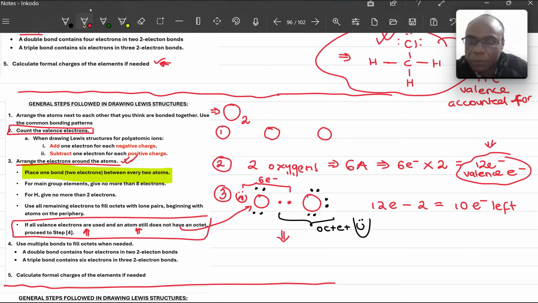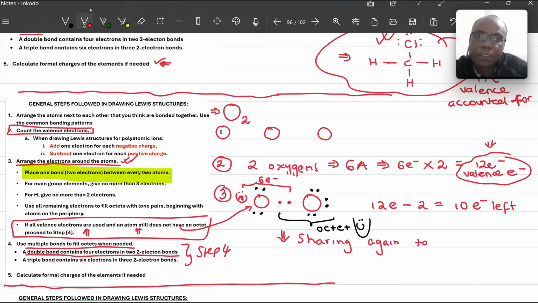What is step 4? Step 4 tells us to use multiple bonds to fill octets. A double bond contains 4 electrons in 2 two-electron bonds, and that's what you're going to go for. What we just need to do is sharing. You're going to share again to create a double bond.